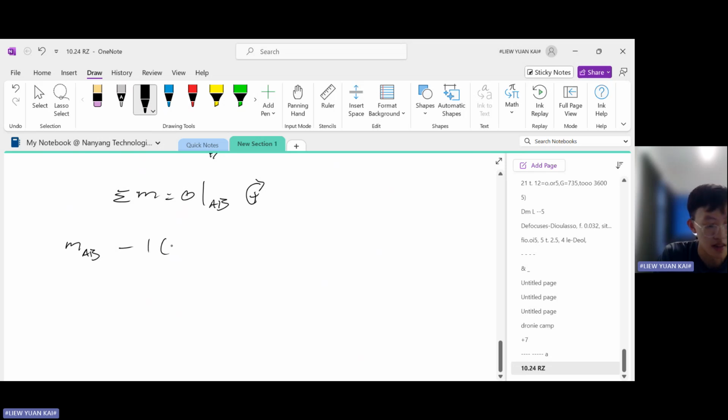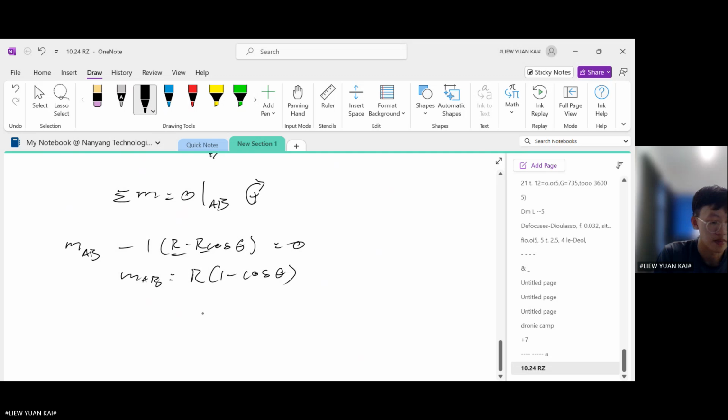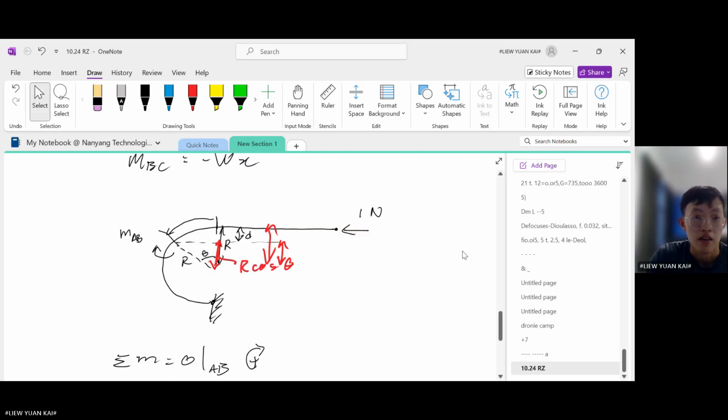Minus 1 Newton times the moment arm r minus r cosine theta equals 0. So mAB equals r times (1 minus cosine theta). Okay, so I factorized out r. Now do the same thing for the moments about the member BC. So what am I going to do?